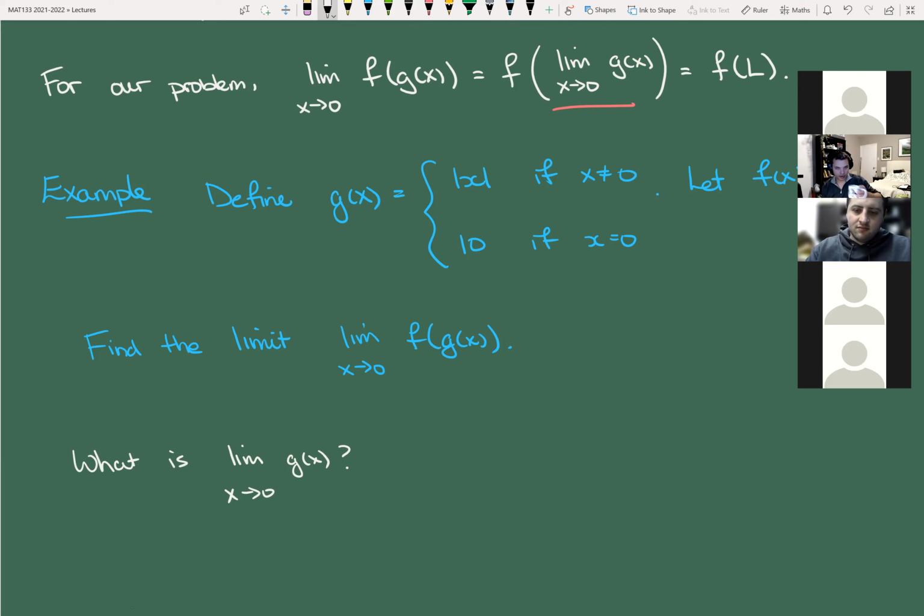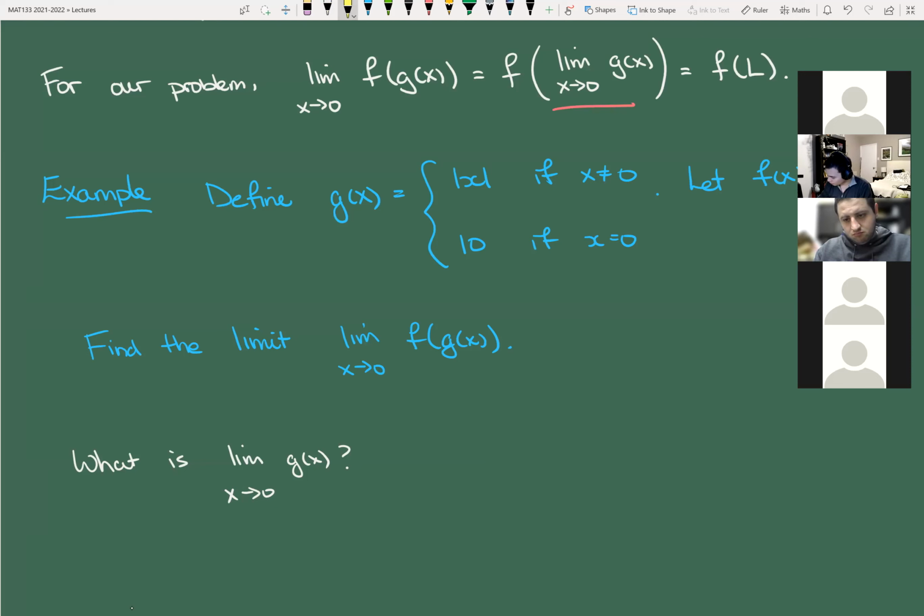It's not 10. Think about what the function is. Right, Ariana, it's 0. We want it to be a number, not a function, but you're right. We would look at the absolute value function, because we don't care about what the function is doing at 0, and we say, what is the absolute value function doing as x approaches 0? And the answer to that is 0.